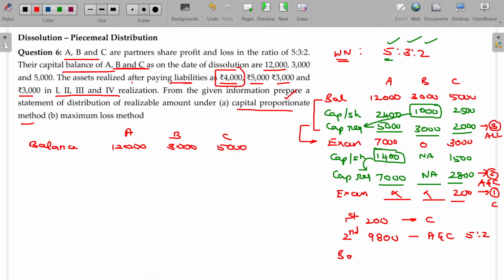Thereafter, the balance, if any, will be payable to all partners in their PSR. Is that clear? Hope you finish off this working note. Clear? Any doubts?